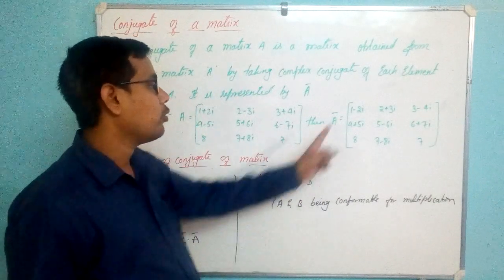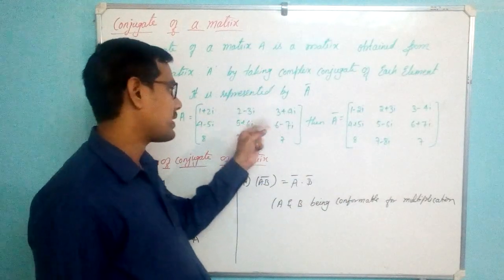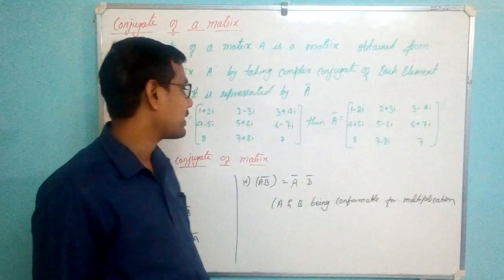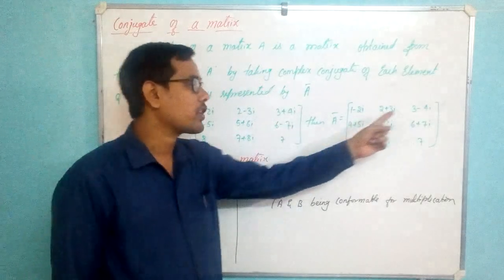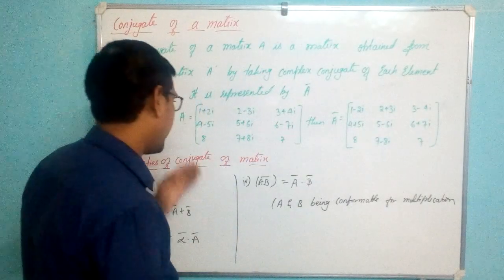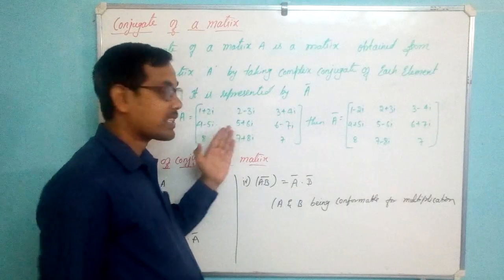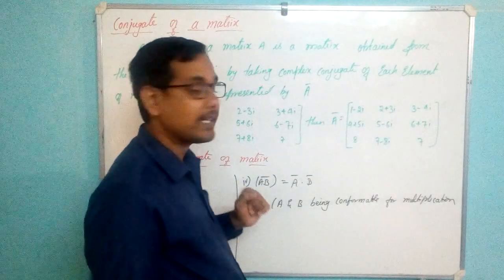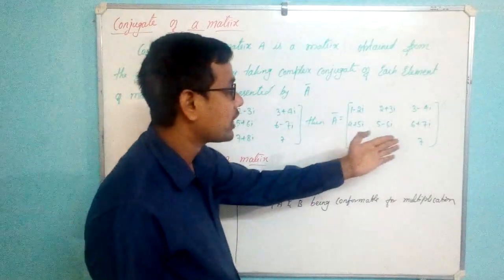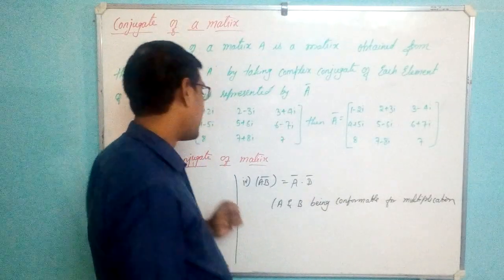What will be its conjugate? 1 minus 2i. 2 minus 3i is there. Its conjugate is 2 plus 3i. 3 plus 4i. Its conjugate is 3 minus 4i. 4 minus 5i. Its conjugate is 4 plus 5i. 5 plus 6i. Its conjugate is 5 minus 6i. 6 minus 7i. Its conjugate is 6 plus 7i.